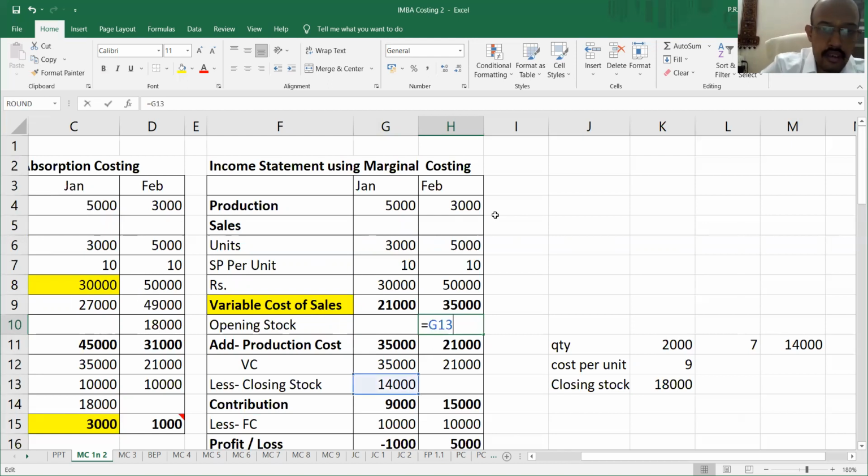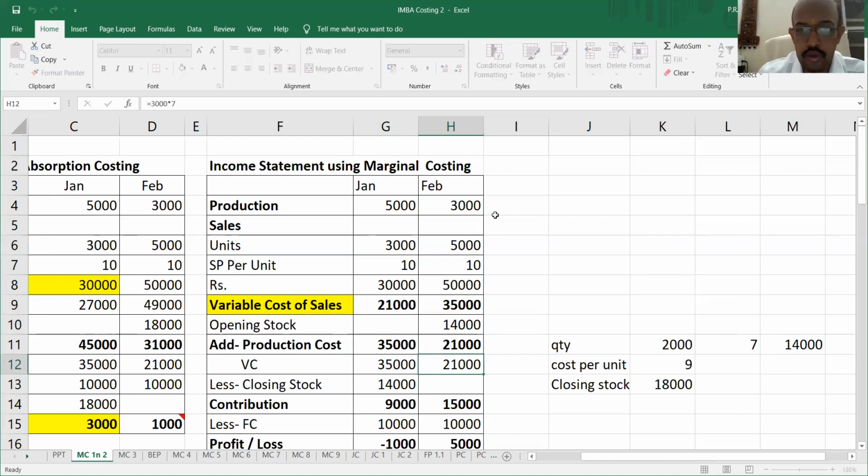So my closing stock of last month becomes the opening stock of Feb. To that, I add the production variable cost. How will you get this? It will be simple. My production is 3,000 into 7 rupees, that is the variable cost per unit given to us. So it's 3,000 into 7 comes to 21,000. There is no closing stock for this month.